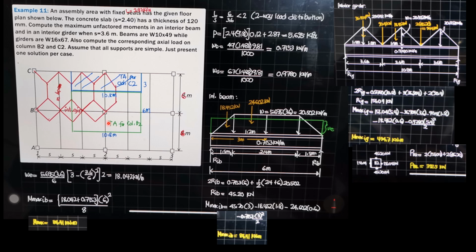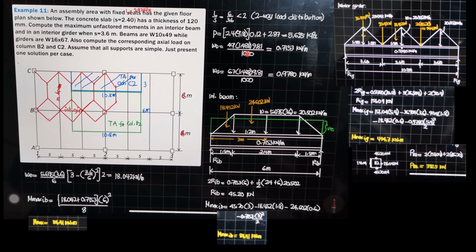Now, we check that axial load by computing the load transmitted to it based on the tributary area. The dimensions should be 10.8 by 6, and the loading on this tributary area is the dead load of the slab and the live load.